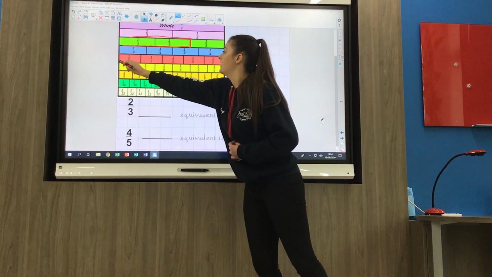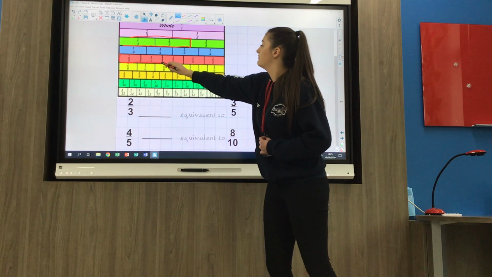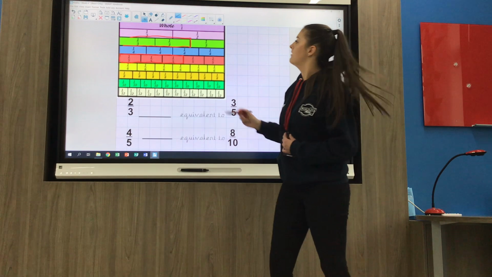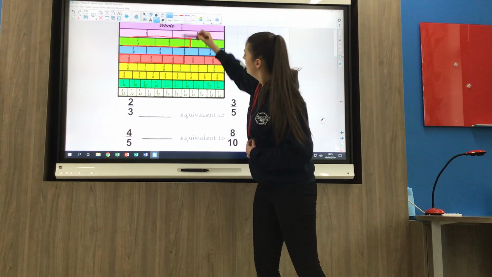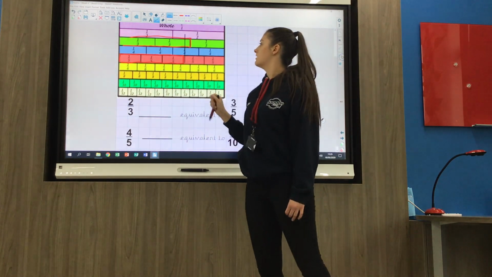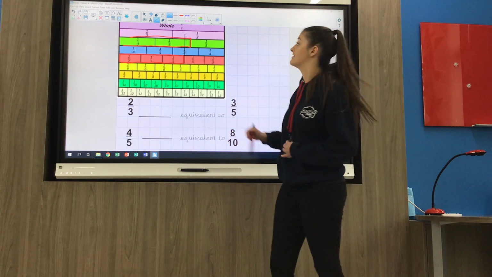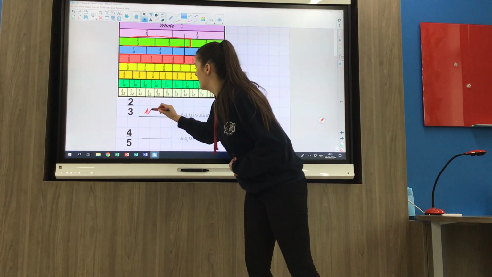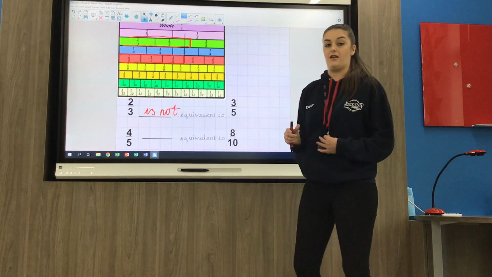If I work from that end, so I've got to start at the same end. 1/5, 2/5, 3/5. Now if I get my ruler out, are they worth the same, look? Which one's bigger? You can see there, 2/3 is bigger than 3/5, so they're not equivalent, they're not worth the same amount. So I'm going to write 2/3 is not equivalent to 3/5.